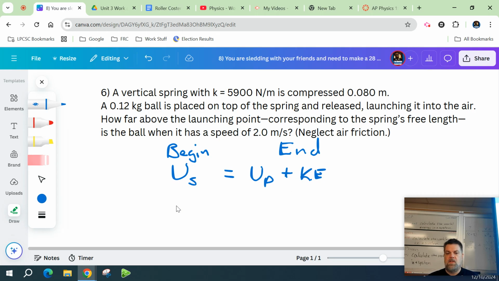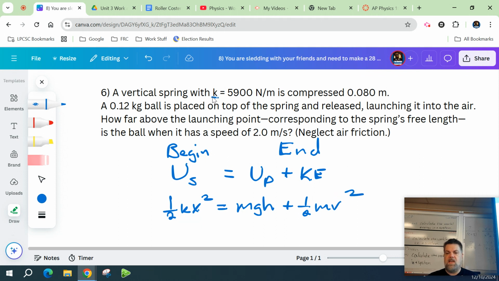So this is 1/2 times k times x squared. The potential energy is going to be the mass times the acceleration due to gravity times the height, plus the kinetic energy, which is 1/2 times the mass times the velocity squared.